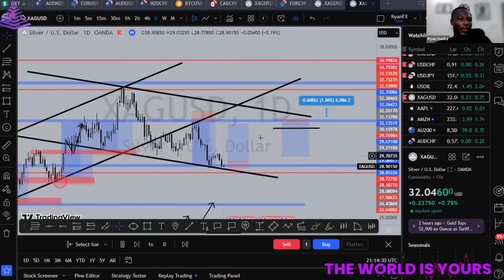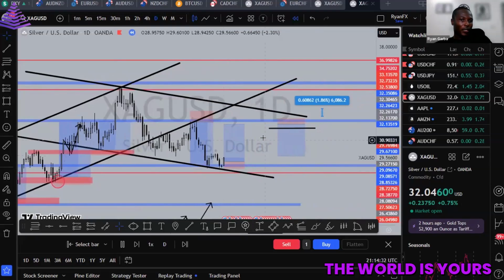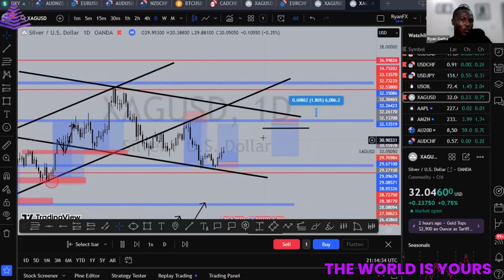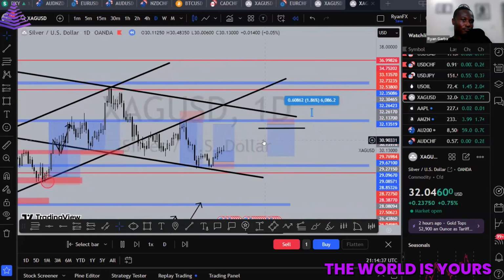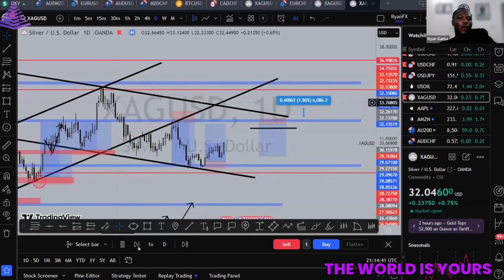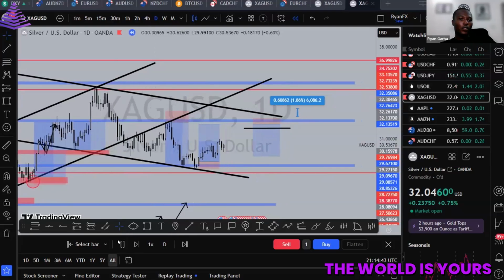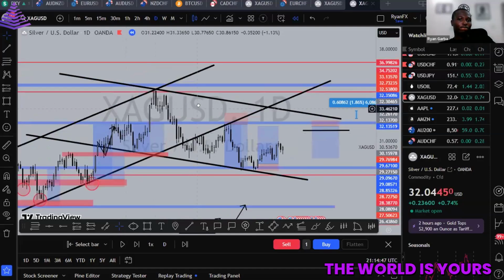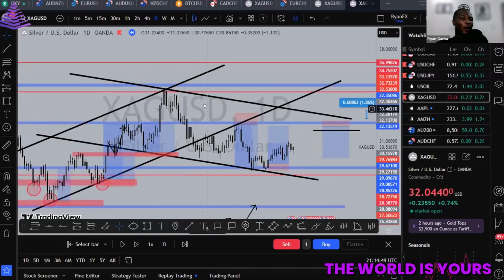So let me see if I can get a head and shoulder pattern. Head and shoulder. There's a funny head and shoulder pattern here.